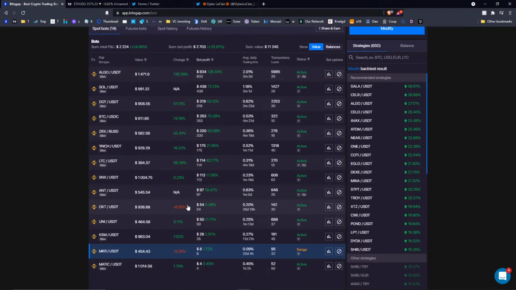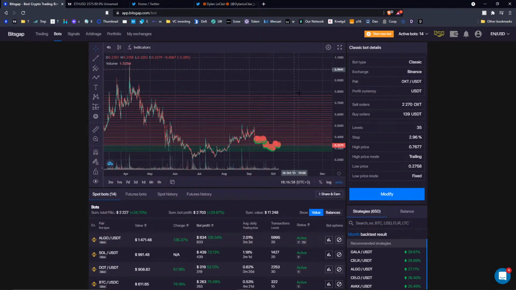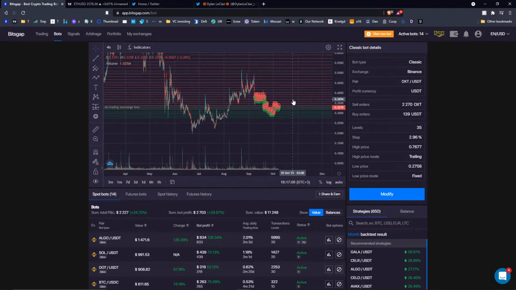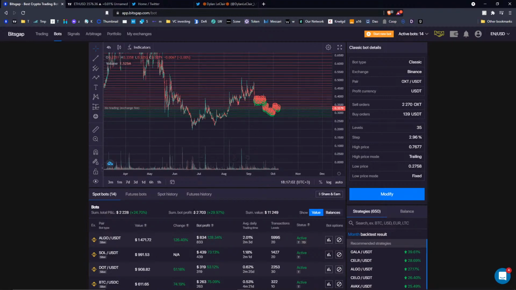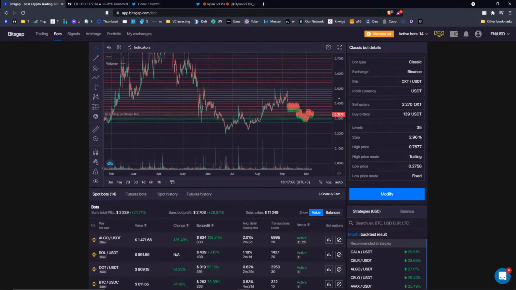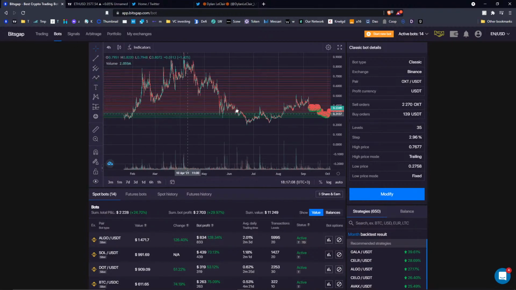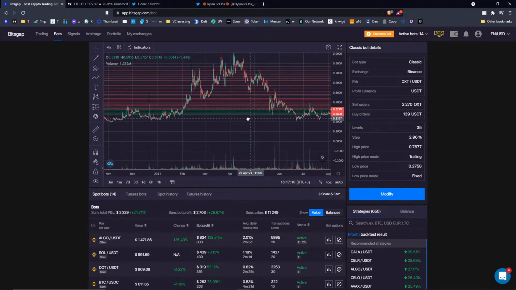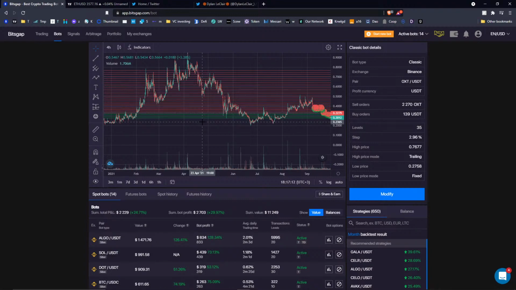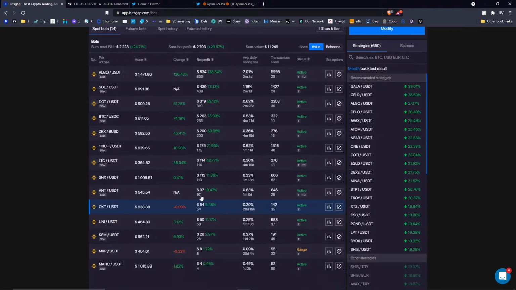But let's say OXT, yeah, the same case for the OXT. That's my classic bot, but it looks okay. The trading range is still fine, and it seems like the price is gonna bounce off this area. So it looks okay as of now, even though the overall performance is -6%.